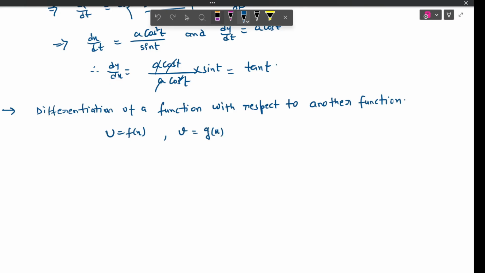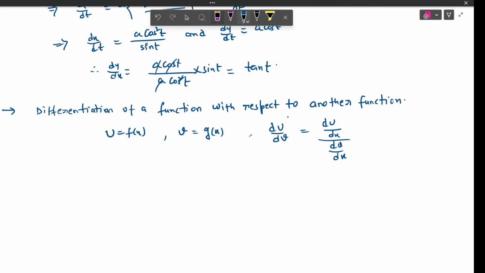Let us say this is g of x, and we want to find out du by dv. Okay, so what we can do, we can differentiate u with respect to x and v with respect to x. So we can say this is du by dx by dv by dx. That's how we can solve this type of format.